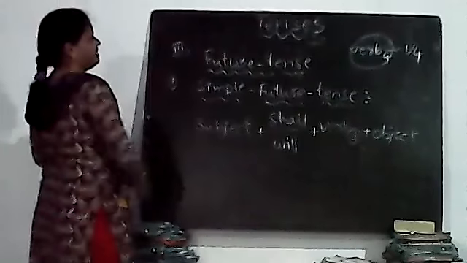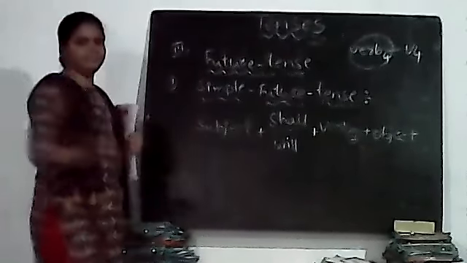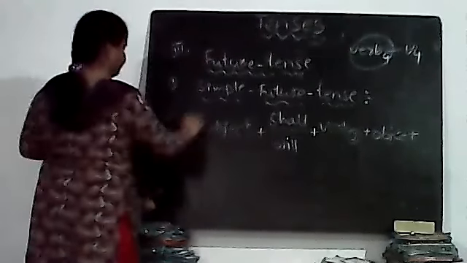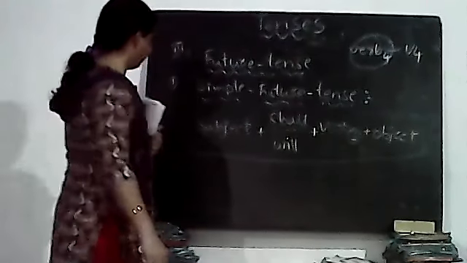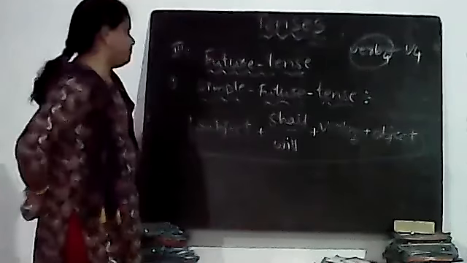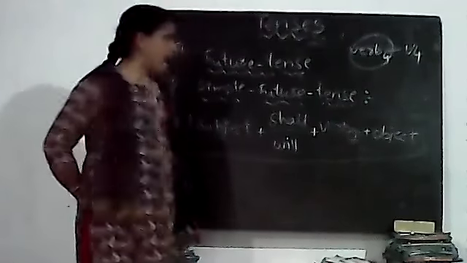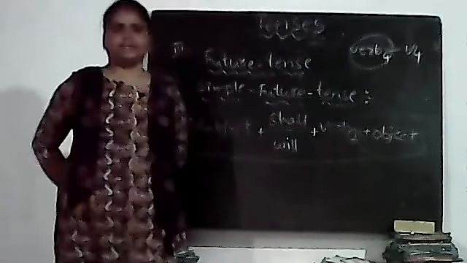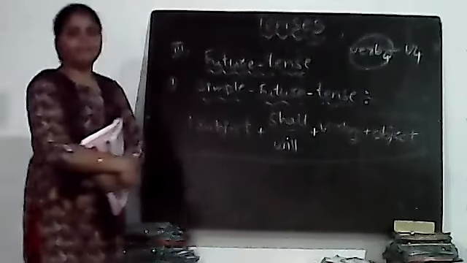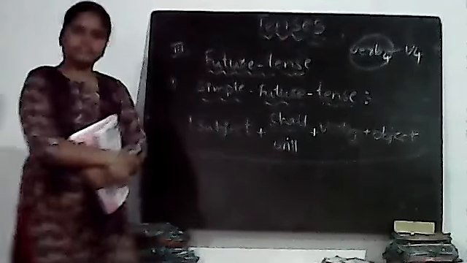No. The subject and object places are not changing here. I write on the blackboard, check the structure once: subject, shall or will, verb one, plus object. The verb form and helping verb are changing.